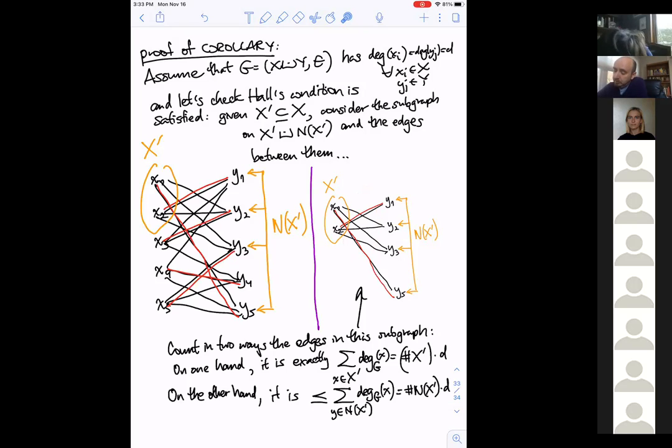And now these are both supposed to be the same thing. So what am I saying? d times the cardinality of x' is less than or equal to d times the cardinality of N(x'). But now cancel the d's.